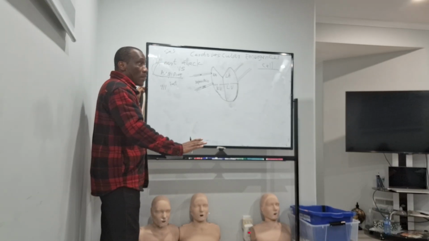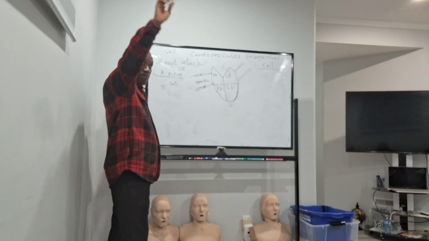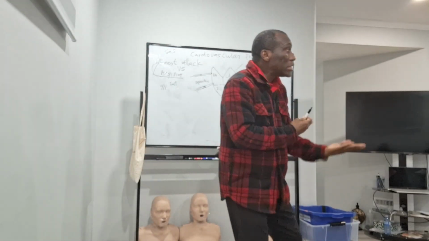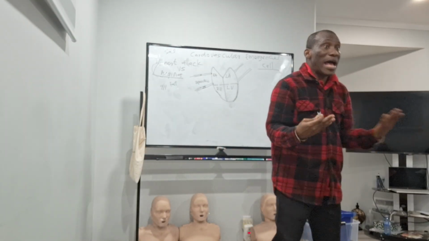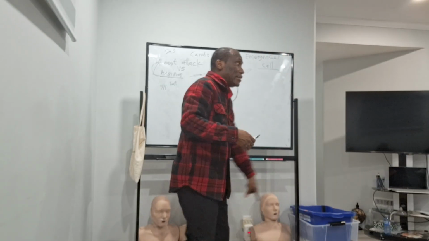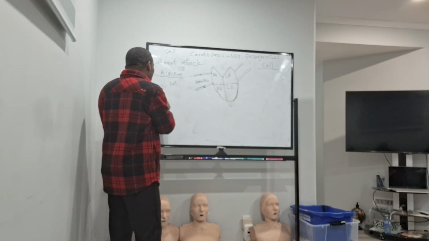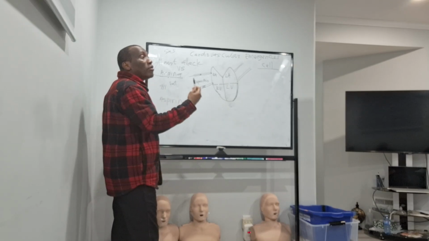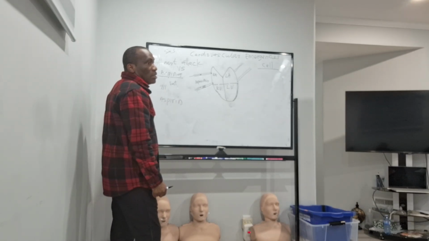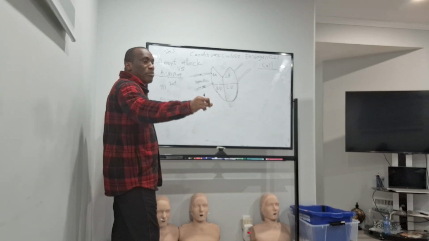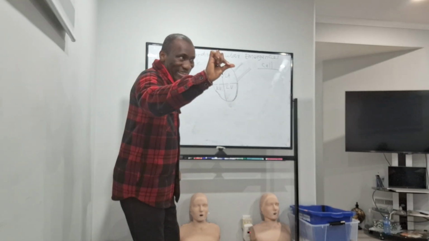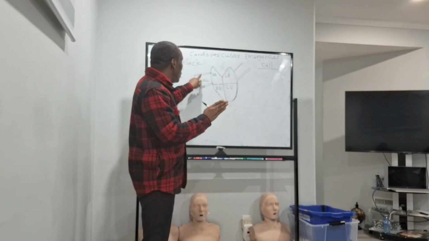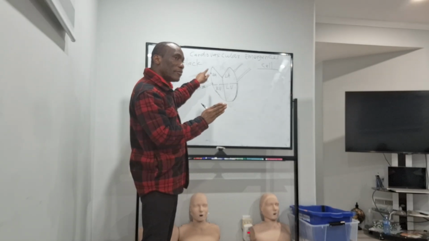911. And then usually the 911 operator, once you describe the signs and symptoms, what's going on, they may ask you if you have aspirin. Aspirin is a blood thinner. Aspirin makes blood more watery. So because of the blockage, aspirin can break it, loosen it so that blood can flow.